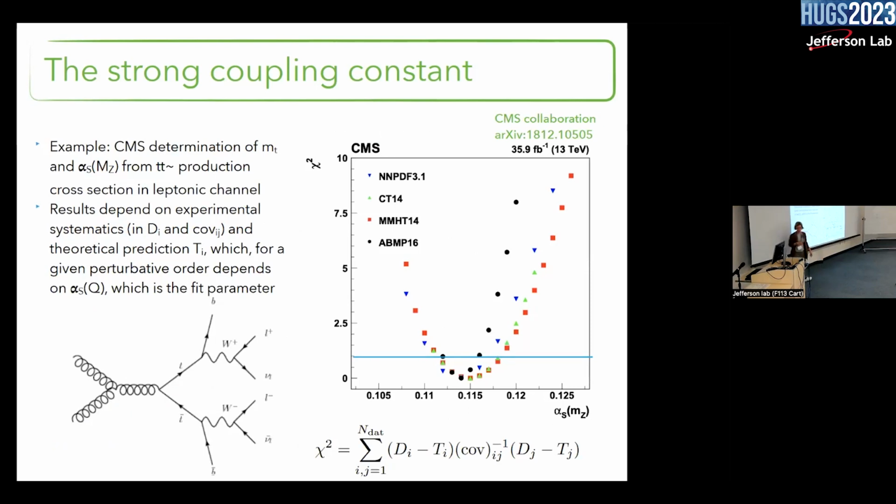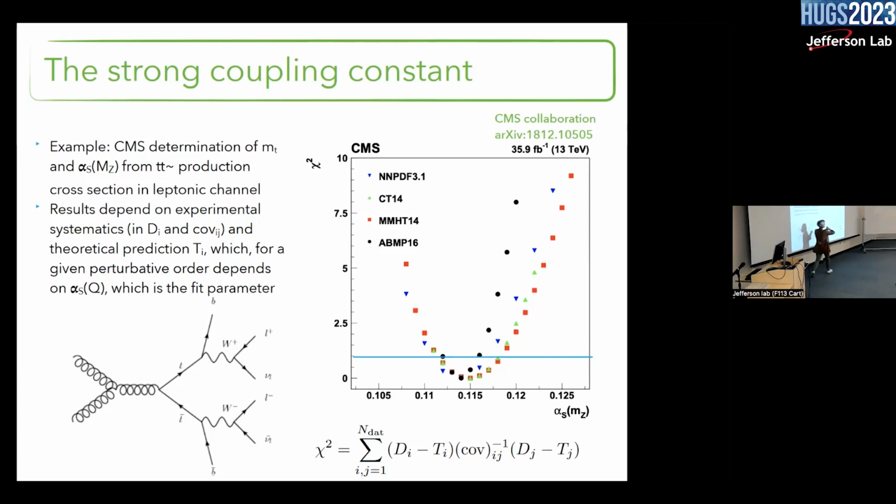So what people do here is they look at the agreement between the data, which in this case is proton into top anti-top, where the top decays into something else, into W and bottom, and the W decays in turn, and the theory predictions computed at different values of alpha S, okay?